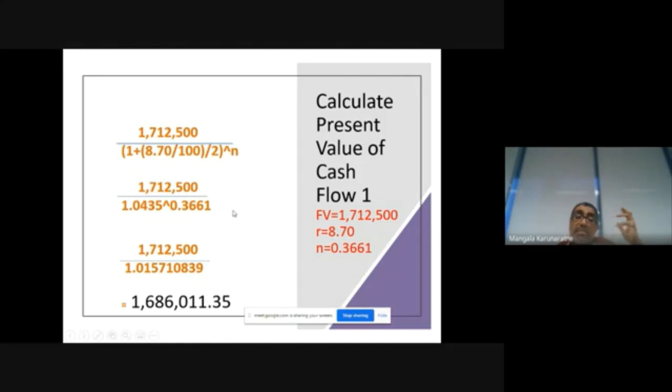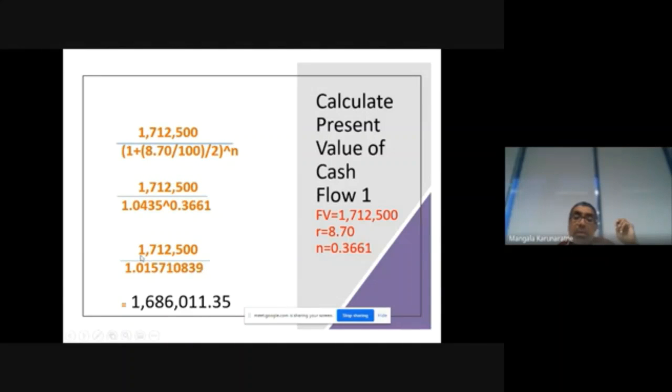before you use this 1,712,500 figure, which is the face value. When you raise 1.0435 to the power of 0.3661, this is not multiplication, this is the power of, you get 1,015,710,839, right?